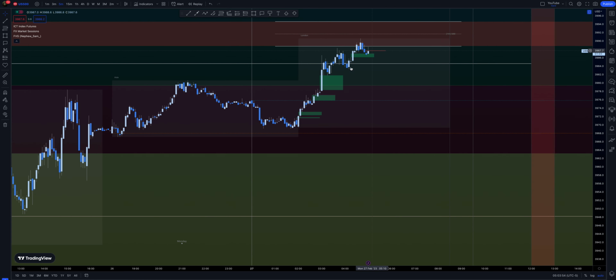So if the market does decide that, at the moment we've only come back down to fill in this. I would want to see a trade below this fair value gap on the 5-minute time frame to come back up to retest it. If we trade lower and then up to that, that would be ideal.